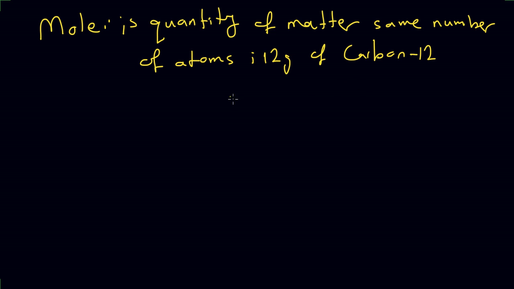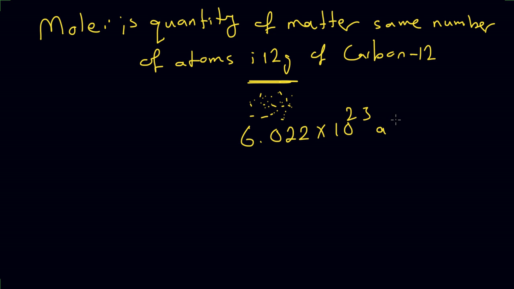So in 12 gram of carbon-12, how many atoms are there? We found that it is 6.022 times 10 to the power 23 atoms, like 6 hexillion atoms.